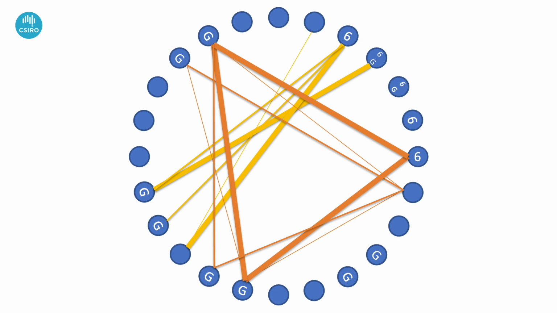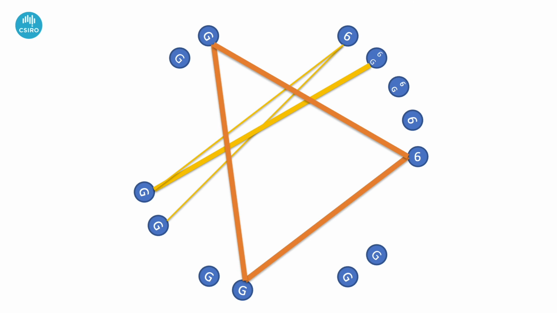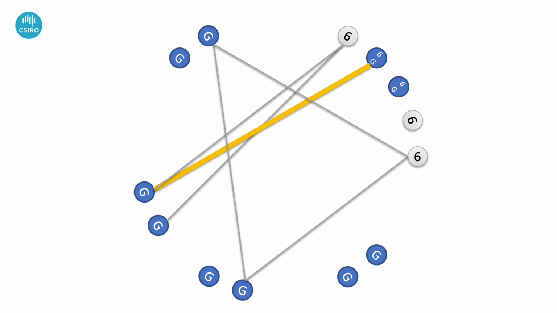But in this example, let's say we have variants on chromosome 6 and then all the variants in protein coding genes. Now we remove everything except those in chromosome 6, and then we bring back all the protein coding genes, and at the end you can gray out all the variants which are not in protein coding genes, and you end up with this plot with one single interaction highlighted.